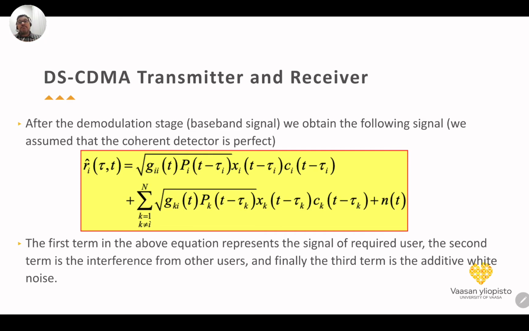Just to bring this closer to your mind, how this works: assume that you have transmitting sensors, 10 sensors. They are sensing a certain value from a certain location, and each sensor should send the sensed value to a certain receiver.